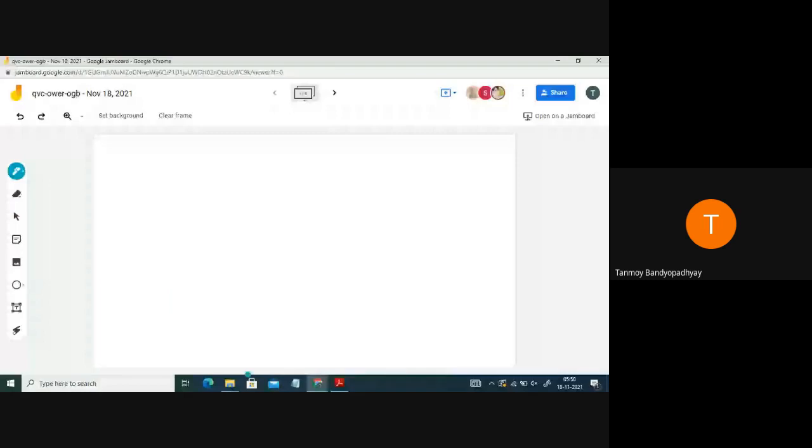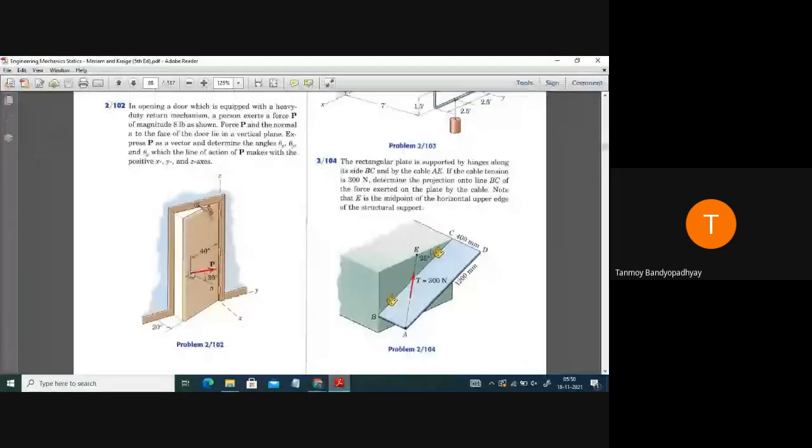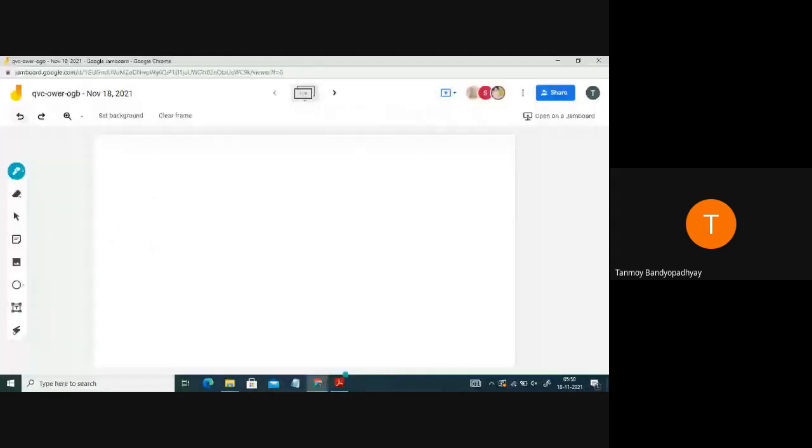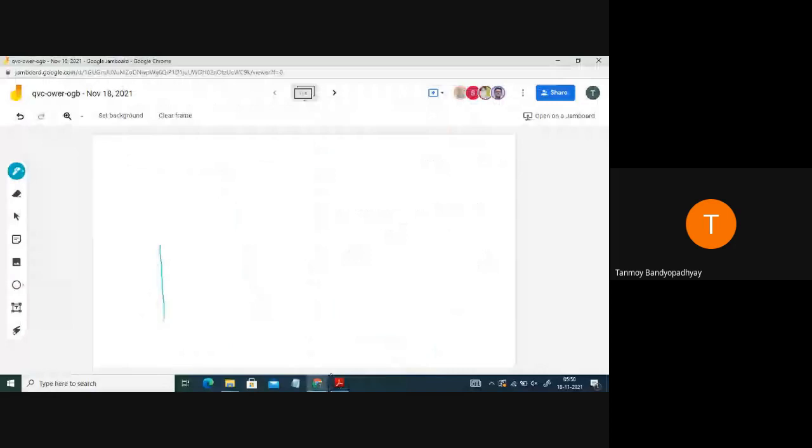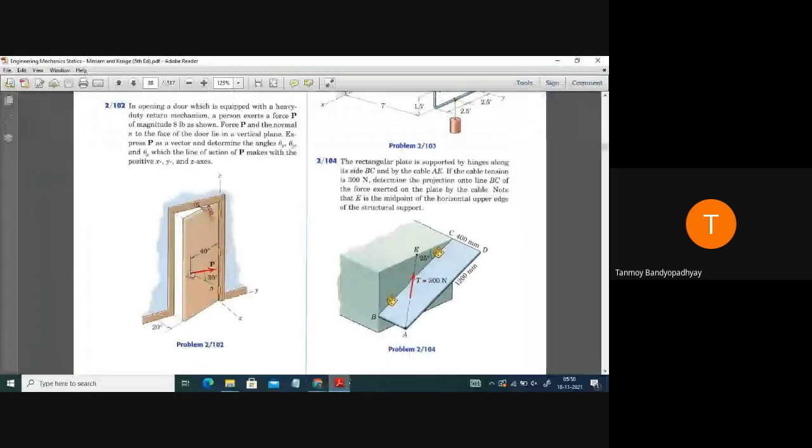If it had been closed, x will be in this direction, and y was something like this. Let's draw x on this side, and y was something like this, and this is the z axis.